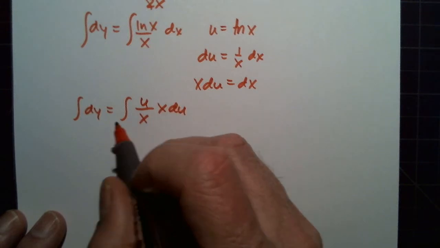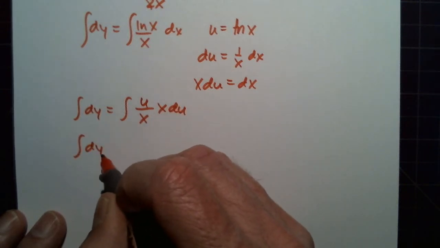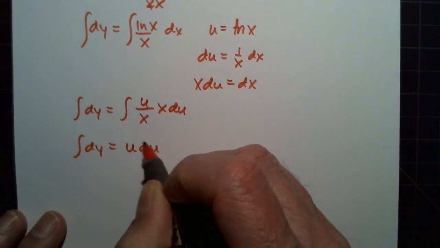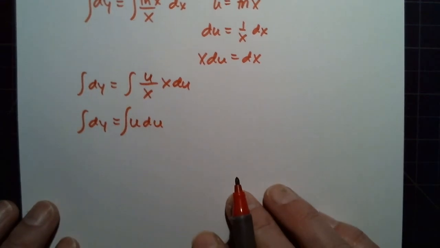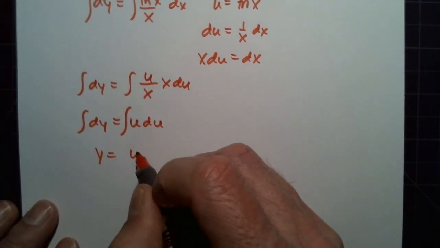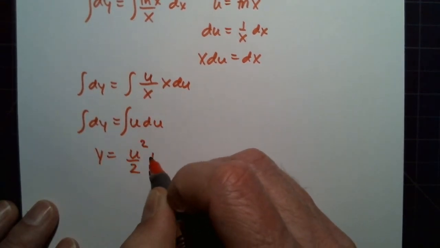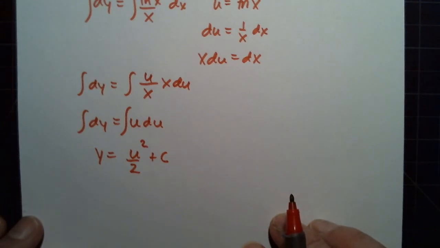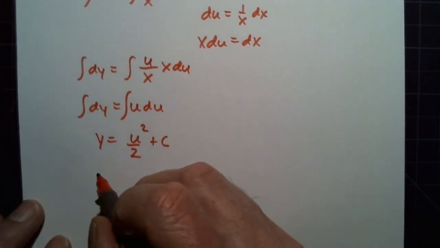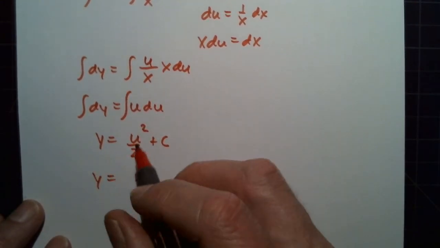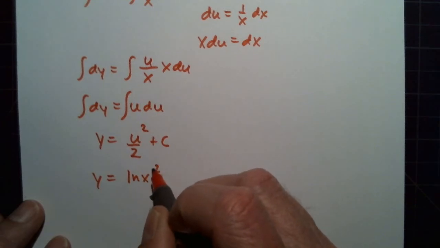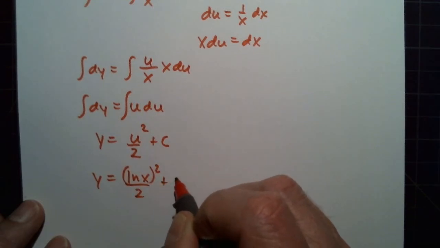The x's cancel. And we have y equals ln x squared over 2.